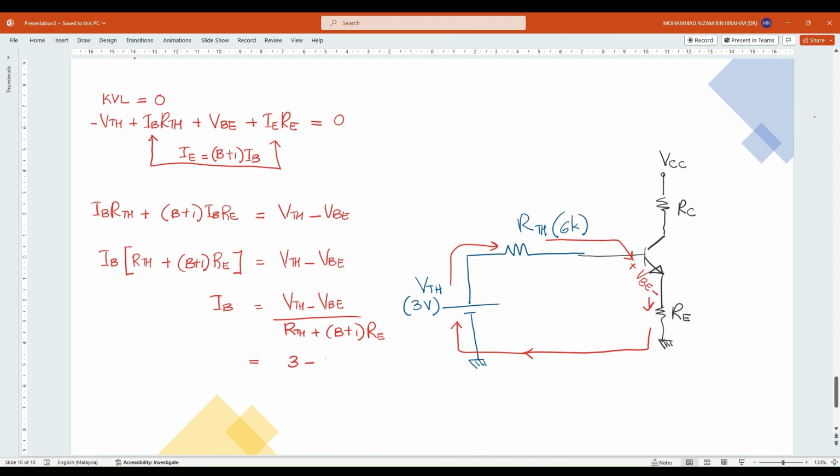Plug in the numbers. IB is 5.6 microampere.